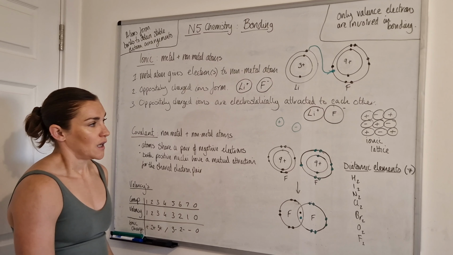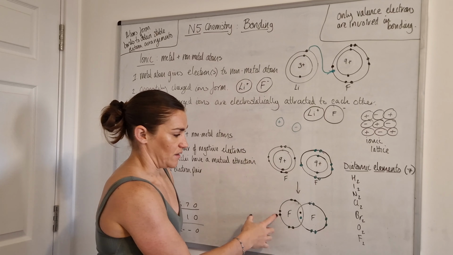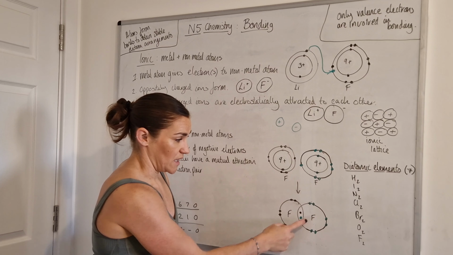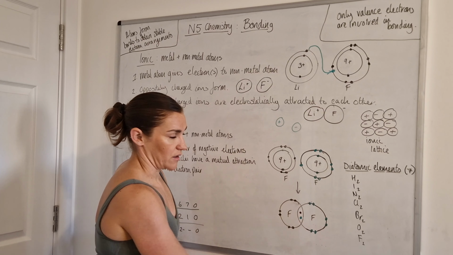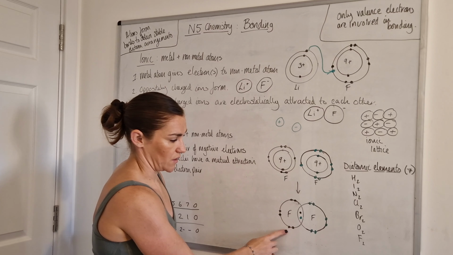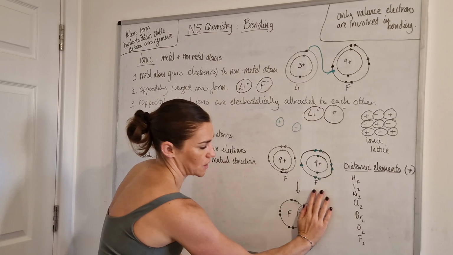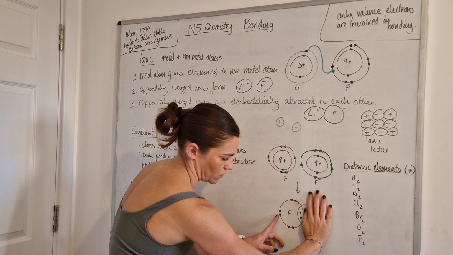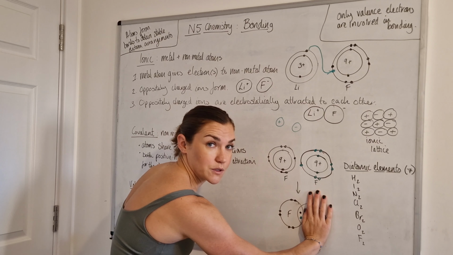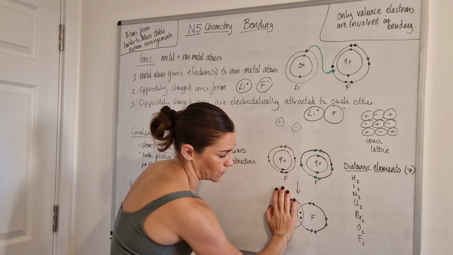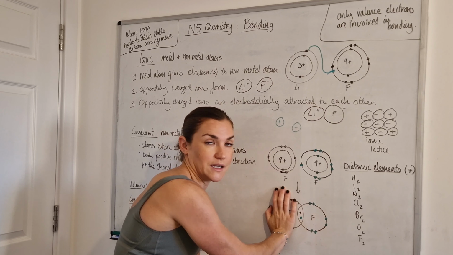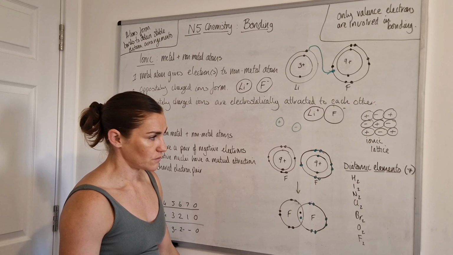They just overlap and share a pair of electrons in order to give them their full stable electron arrangement. So if you cover up this fluorine, you can see this one has got 2, 4, 6, 8, which makes it stable, and then this fluorine has got 2, 4, 6, 8, which makes it stable.